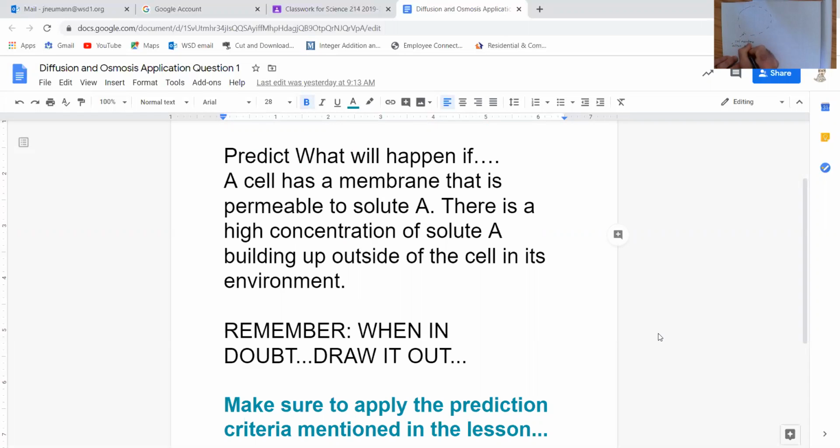Allows solute A to pass. That's what permeable means. There's a high concentration of solute A building up outside of the cell. So we're going to show that. Show solute A. There's a whole bunch building up outside of the cell.